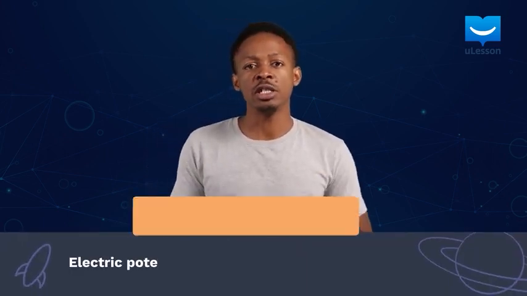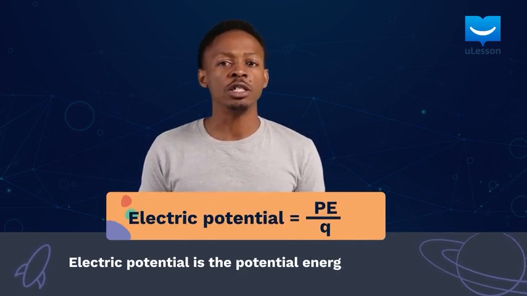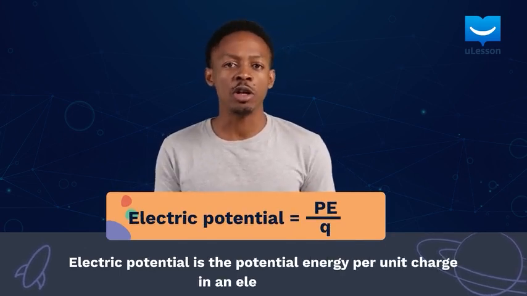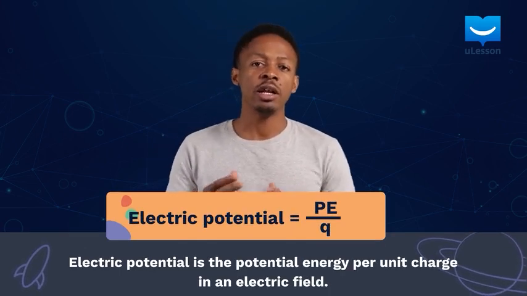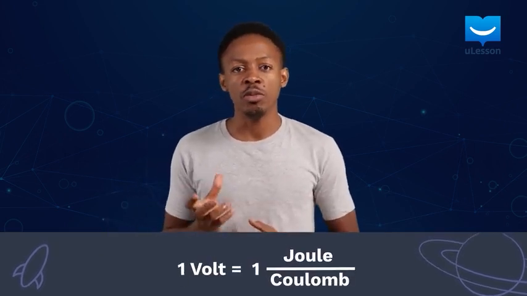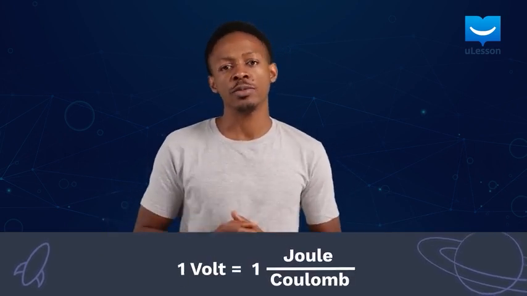And this is why whenever a conducting body is connected to the Earth, it is said to be grounded or earthed. Another way to define electric potential is as the potential energy in joules per unit charge measured in coulombs in an electric field. This unit, joule per coulomb, is known as the volt.